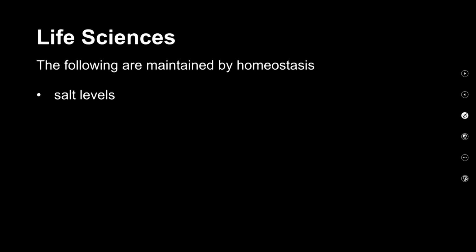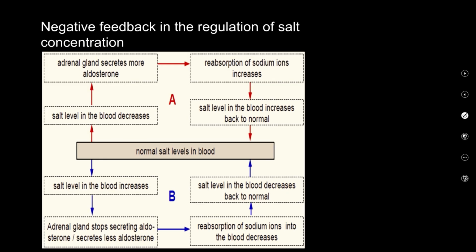Then we're looking at the salt, how the body maintains the salt. Again, we're looking at what happens when the salt in the blood decreases. Then we see the adrenal glands here secrete more aldosterone. Why more aldosterone?